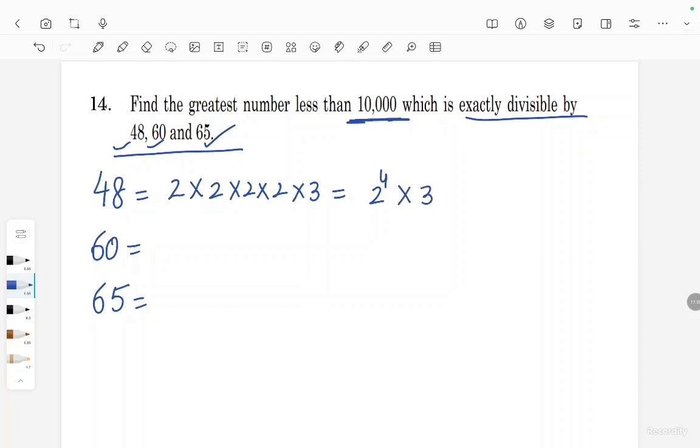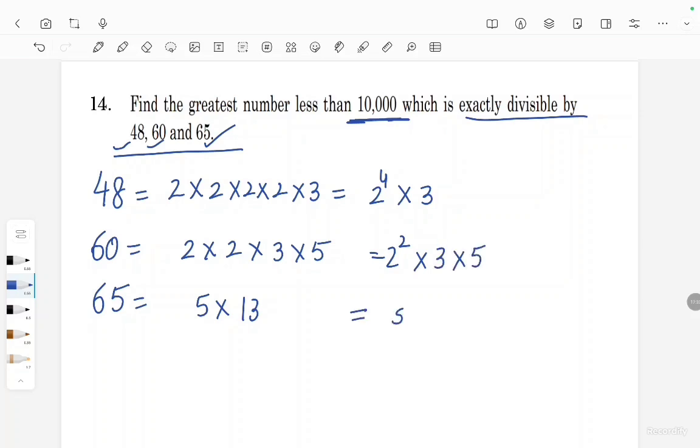In a similar way, 60 can be expressed as well. So take the LCM. Select the numbers with highest power: 2 raised to power 4, 3 raised to power 1, 5 raised to power 1, 13 raised to power 1.